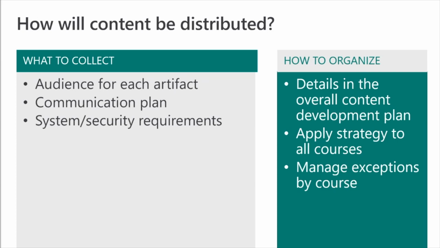If you documented well in your training plan, you don't really need to do a lot of extra work because it's already in the training plan and will follow suit with the content development plan. However, if you have content that's in multiple languages, you want to make sure that you're tracking what language each person will need, if they're Spanish speaking or English speaking, for example.